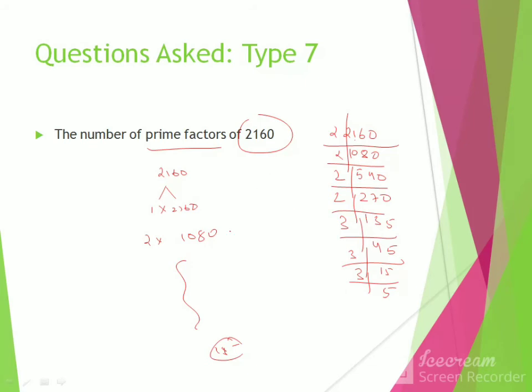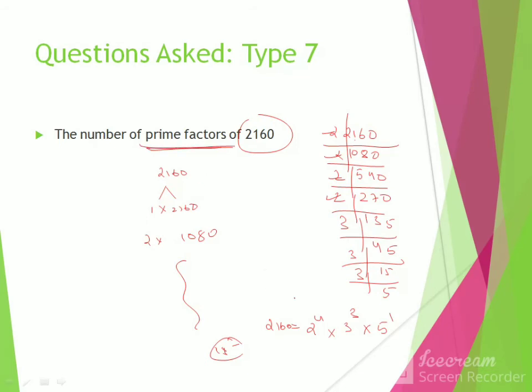So this 2160 I can write as 2 power 4, that is 2 in multiplication 4 times, 3 in multiplication 3 times, and 5 in multiplication 1 time. Now it is asking the number of prime factors.